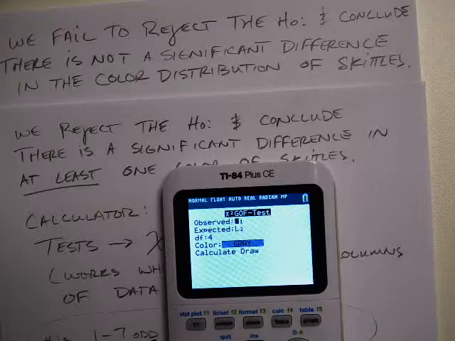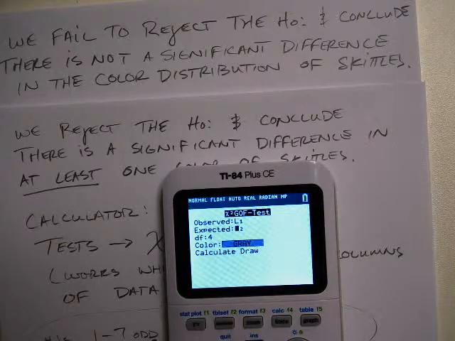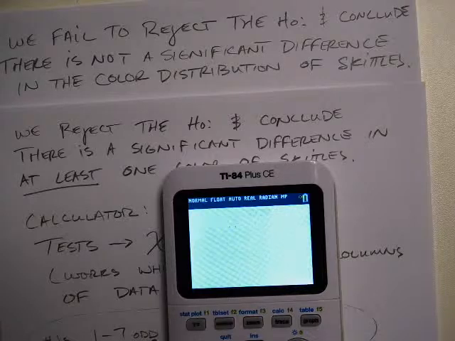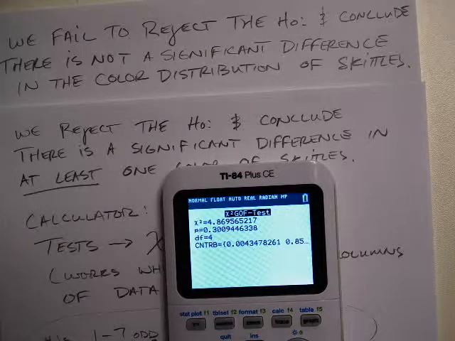Observed was the L1 in my case, probably yours too. Expected was L2. Degrees of freedom in this case is 4. 5 colors minus 1 is 4. We calculate that.